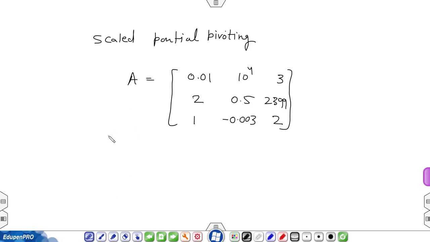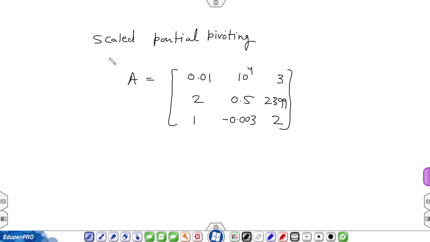So in that case, we will try to normalize all the elements of the matrix A. How do we normalize that? We will do it with the help of scaling.